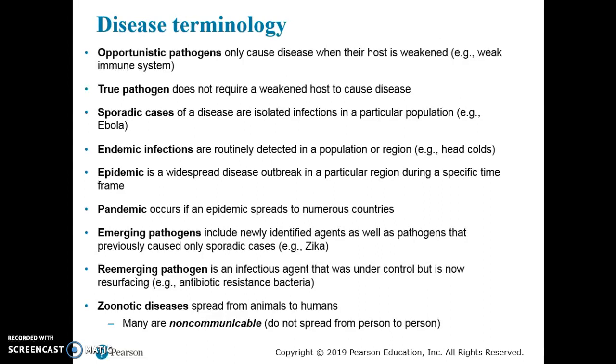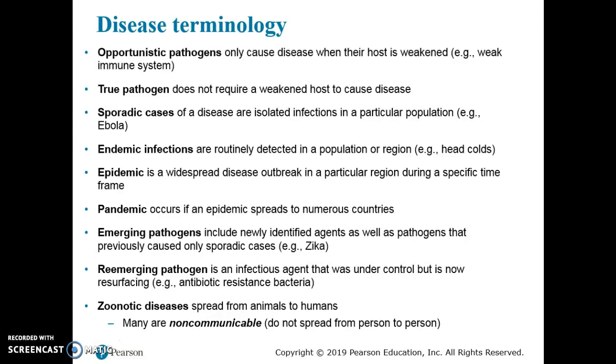Pandemic occurs if the epidemic spreads to numerous countries. So thankfully we don't see this too often, but we can see it with certain influenza strains, as well as other, probably primarily viral infections.